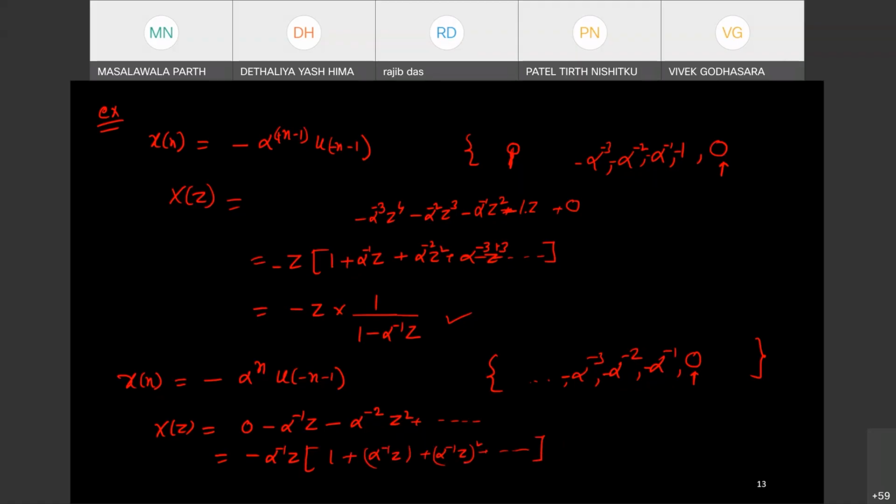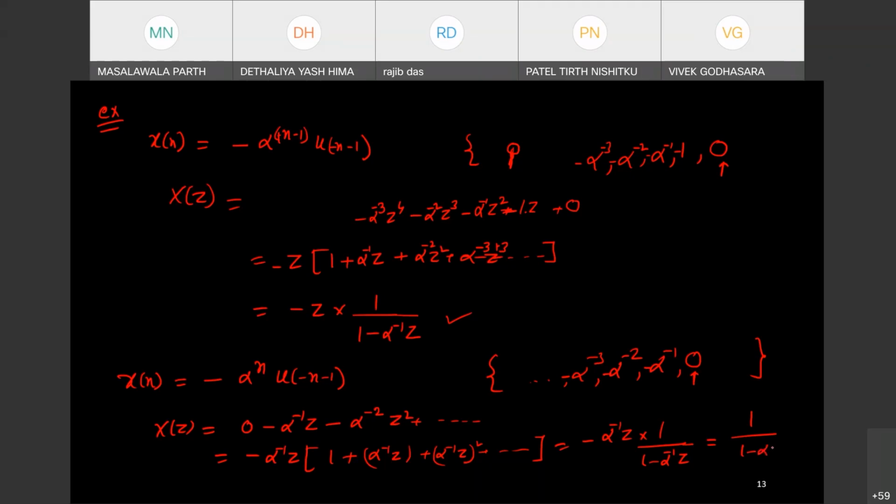Yes, sir. Okay. So what is this series? This minus alpha to the minus 1 z, and this is 1 upon 1 minus alpha to the minus 1 into z. Is it correct? So now if I multiply minus sign and divide these things, so will you get that it is 1 and this is again, so this is becoming, I can again multiply and divide, it's okay.